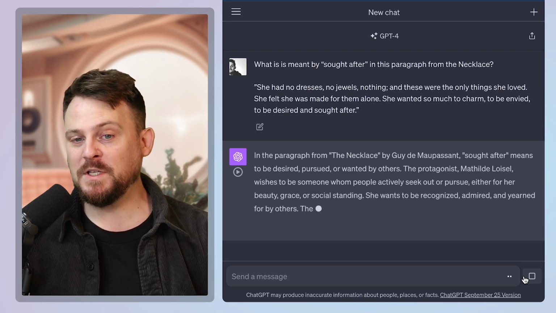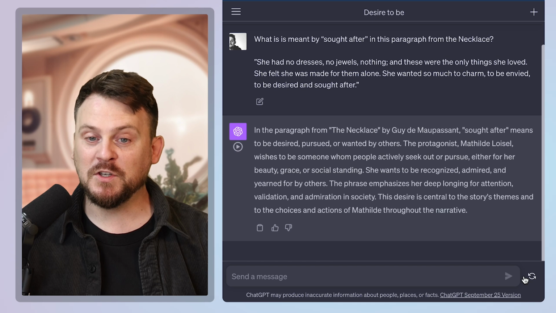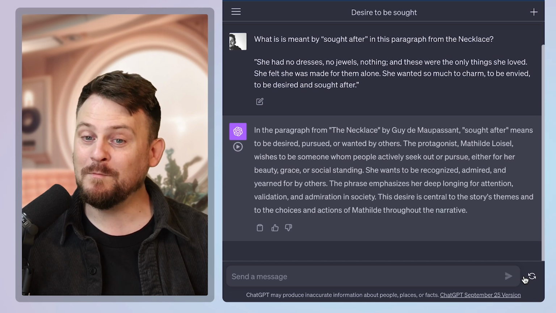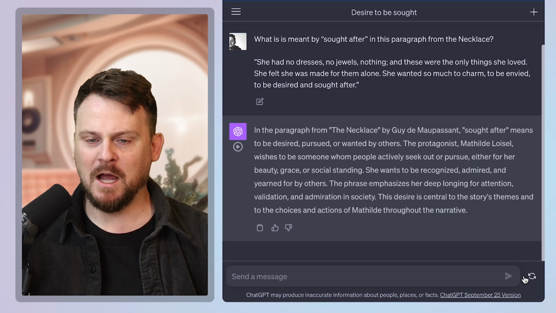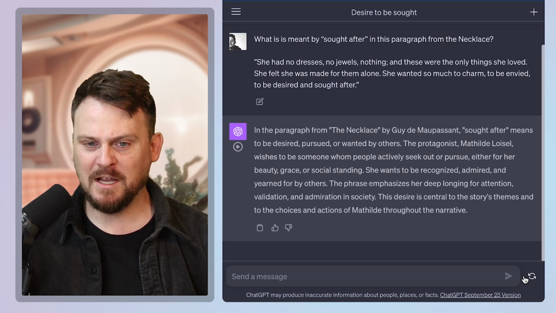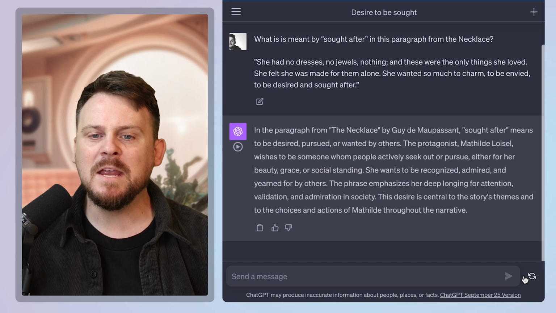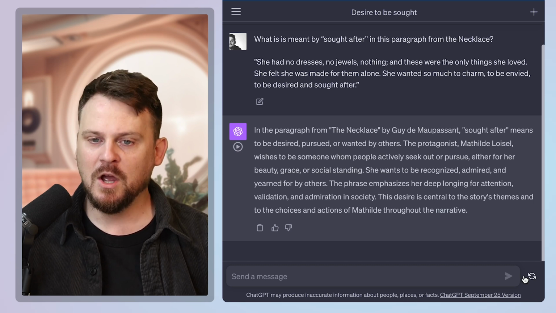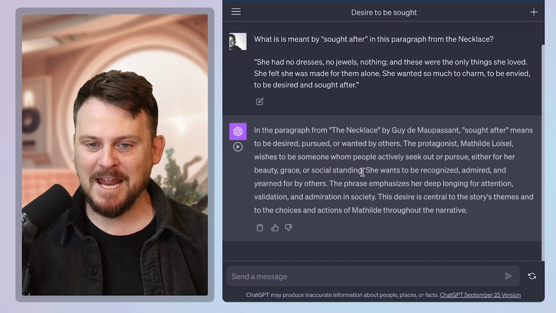We get from ChatGPT: In the paragraph from The Necklace, "sought after" means to be desired, pursued, or wanted by others. The protagonist, Mathilde Loisel, wishes to be someone whom people actively seek out or pursue, either for her beauty, grace, or social standing.